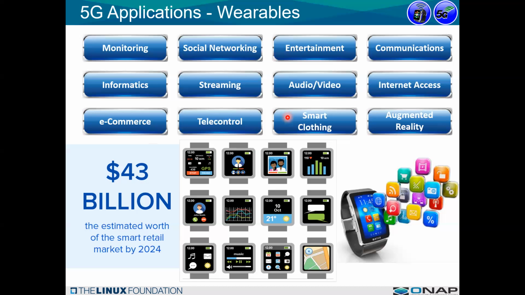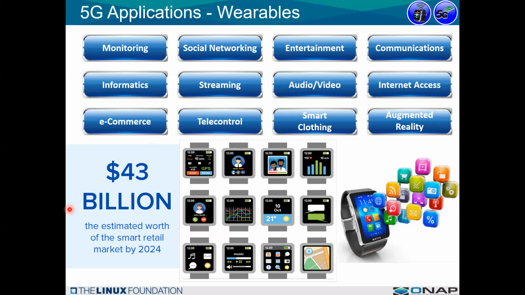So you can imagine those health tags that basically say I've fallen down. You can imagine your parents where they've fallen down, they can't get up. 5G would enable them to wear something like a smart watch or smart band or smart clothing where they can tell if somebody's suddenly fallen down, right?